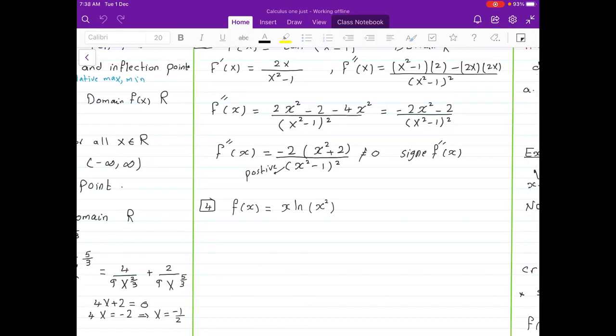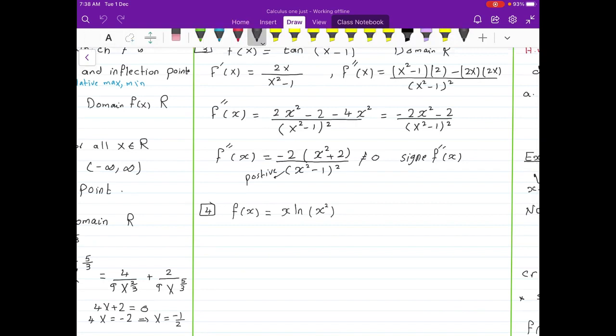So f double prime of x is always negative for all x belonging to R. That means f(x) is concave down, since f double prime is always negative on the interval minus infinity to infinity, and there is no inflection point.